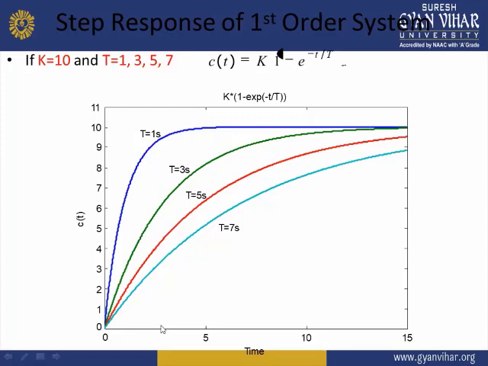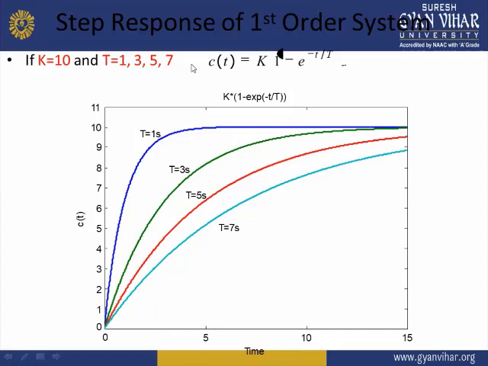In this navy blue curve, you are getting the response at a very fast rate. Now when I increase the time constant from 1 second to 3 seconds, the response rate is reduced somewhat.